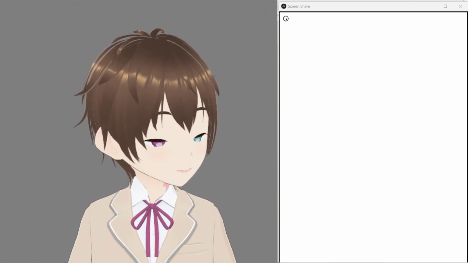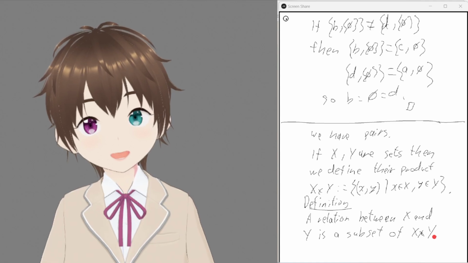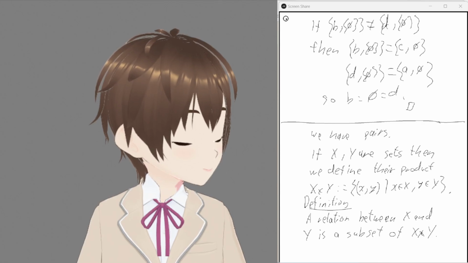So first note, we said the domain of the relation is this thing x, and the codomain is this thing y, where x and y are inferred from context.